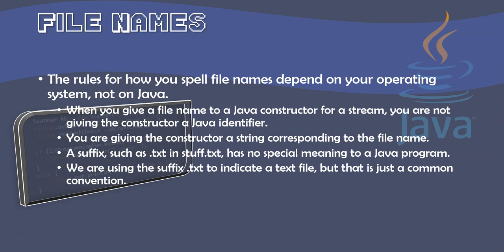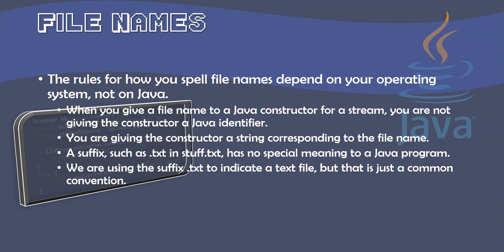So when you give a file name to Java, you're not giving the constructor a Java identifier. You're giving the constructor a string that's going to become the file name. The suffix, such as .txt, Java doesn't care what that is. Instead, that's for your operating system, for your computer to look at and say, aha, it's a text file.